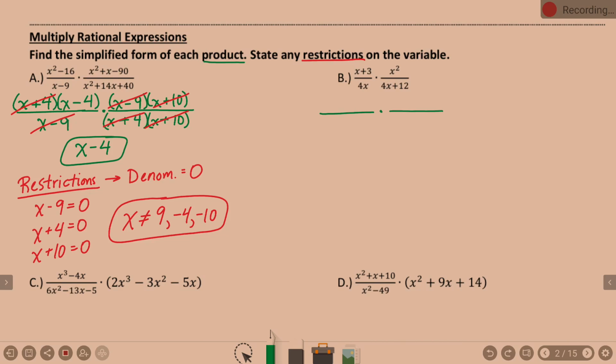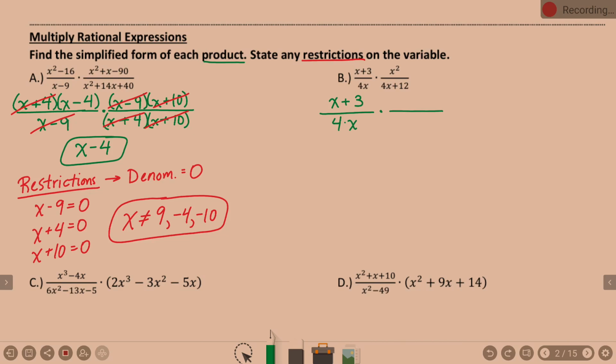Okay, x plus 3 is x plus 3. Thoughts on 4x? It's just one term, isn't it? Now, I will give you a hint. 4x is 4x, but I also want you to keep in mind that 4x is also 4 times x, if you would. Just hold that thought, okay?